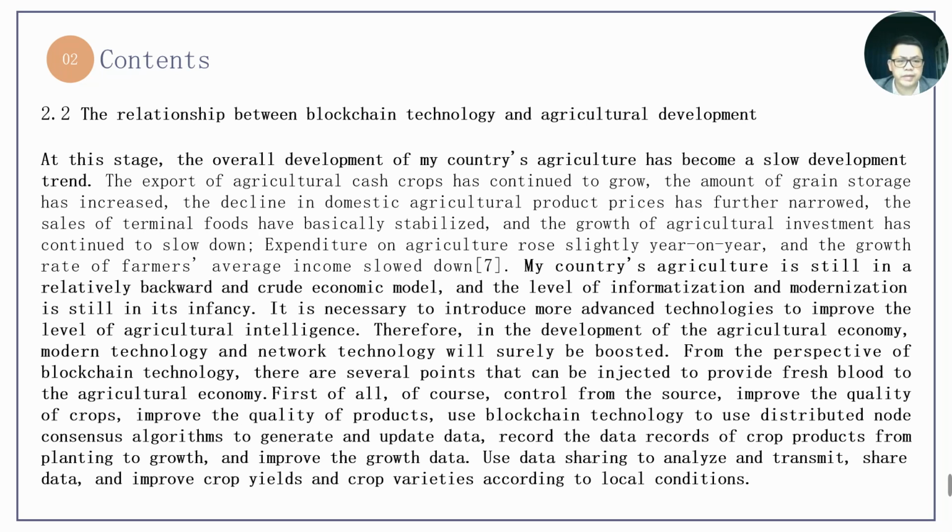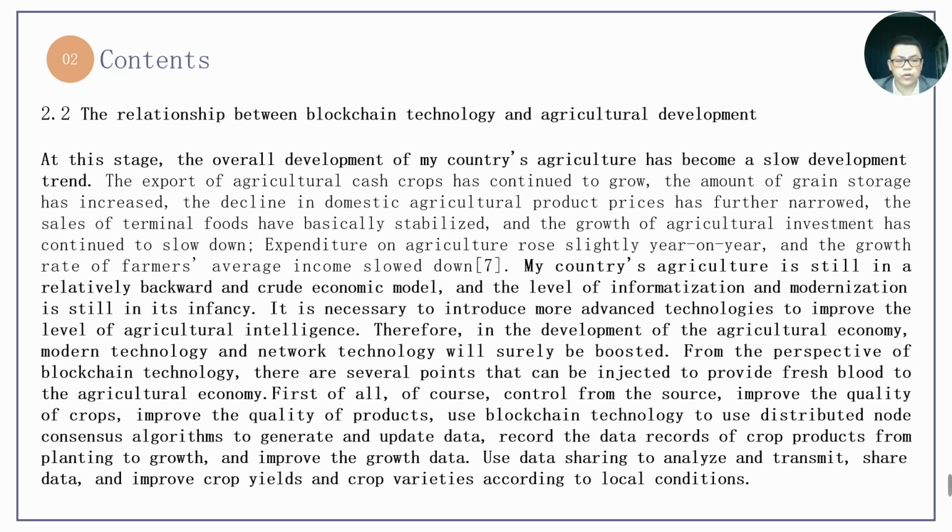Therefore, in the development of the agriculture economy, modern technology and network technology will surely be boosted from the perspective of blockchain technology. There are several points that can provide fresh blood to the agriculture economy. First of all, of course, control from the source improves the quality of crops and products.